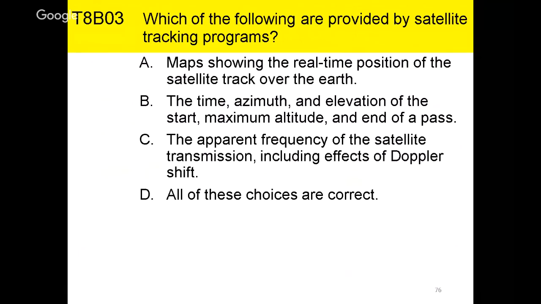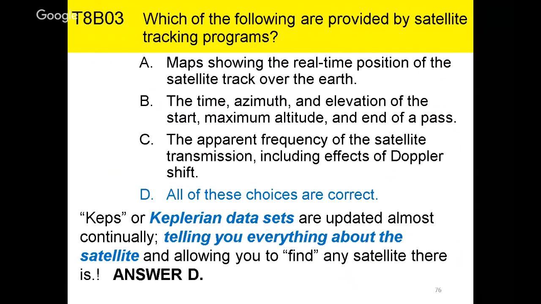But all of these are really correct: the maps showing the real time position of the satellite track over the Earth, the time, the azimuth, the elevation of the start, maximum altitude, the end of the pass, the frequency of the satellite transmission, including effects of Doppler shift. So these are called Keplerian data sets or KEPS, and they're updated pretty much continually. And they tell you everything that you need to know about a satellite.